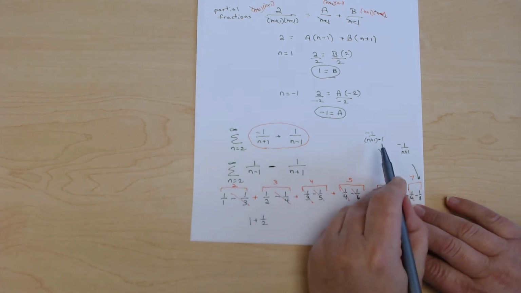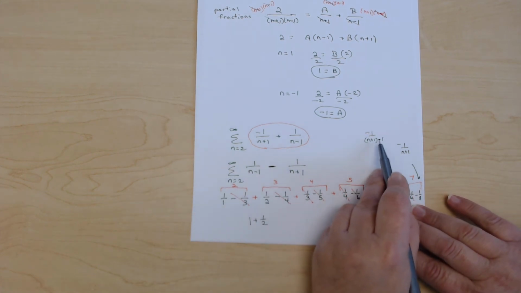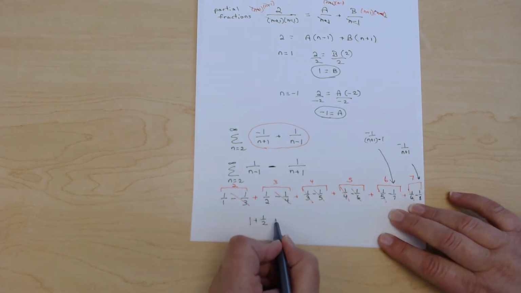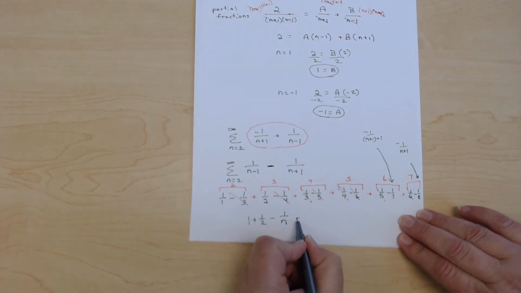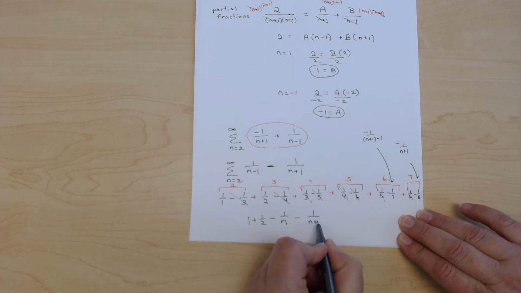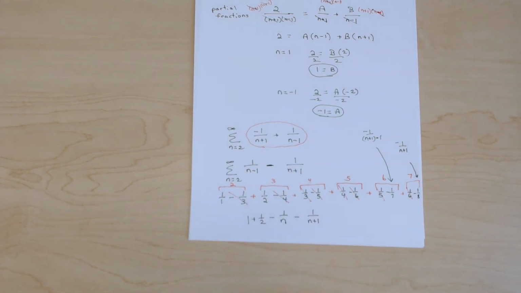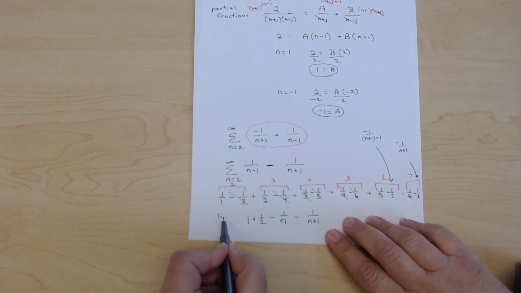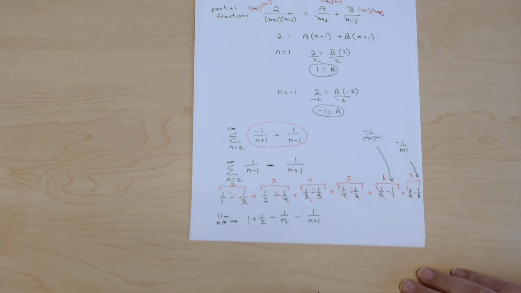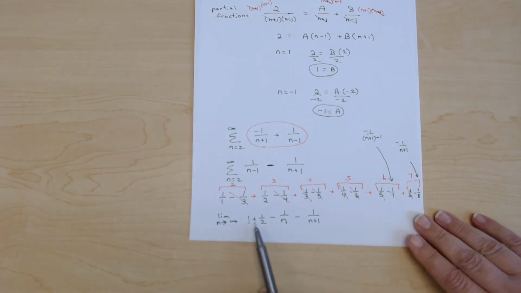So now, how does this simplify? Well, the plus 1 and the negative 1 cancel, right? So I have negative 1 over n, and then I have this guy, minus 1 over n plus 1. Okay, and then we're taking the limit as n approaches infinity. But what's going to happen to these guys?